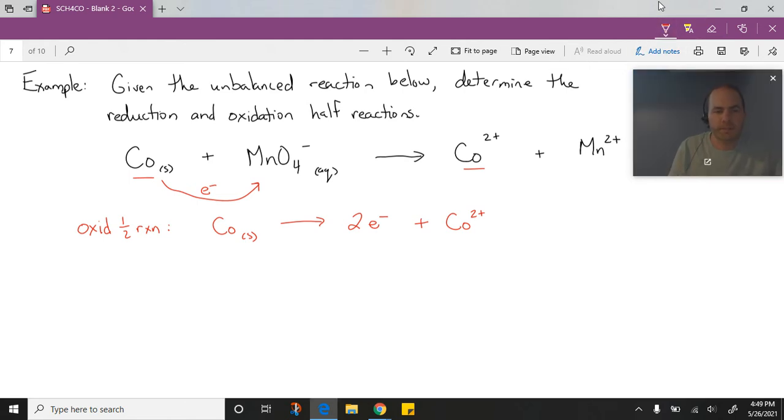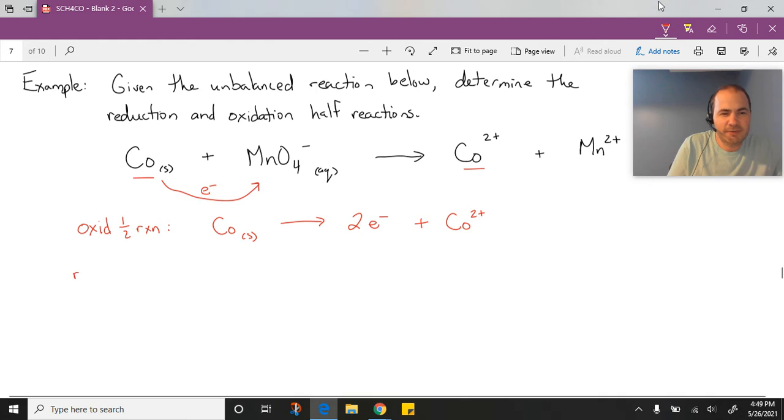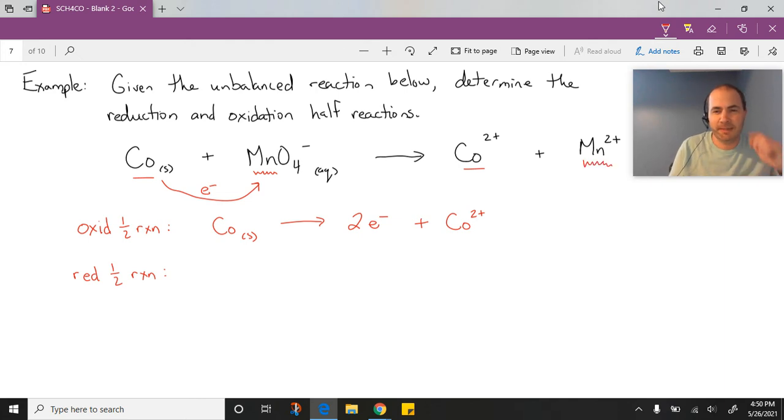Now, when we deal with our reduction half reaction, this is where things start to get a little bit trickier because of the polyatomic ion. We need to look at what happens to the manganese in the polyatomic ion to becoming manganese 2 plus. So our half reaction is going to involve manganese in the MnO4 minus, and we know it's got to gain electrons.